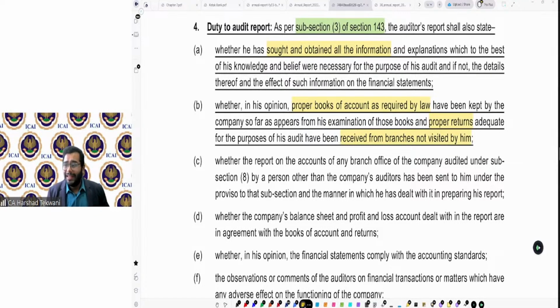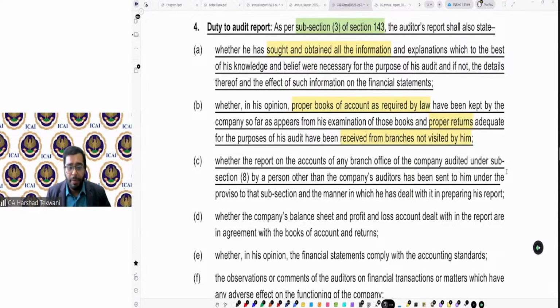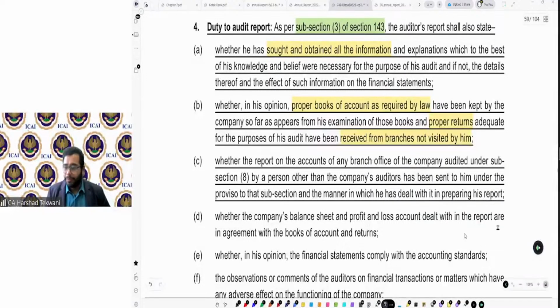Okay. Then whether that person has been appointed or not. So whether the report on the accounts of the branch of the company audited under subsection 8 by a person other than the company's auditor has been sent to him under the proviso to that subsection, and the manner in which he has dealt with it. So the proviso to subsection 8 says that the branch auditor shall prepare a report on the accounts of the branch examined by him, and he is required to send that report to the auditor of the company, who is required to deal with that report while preparing his final report.